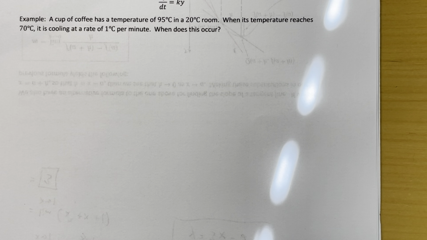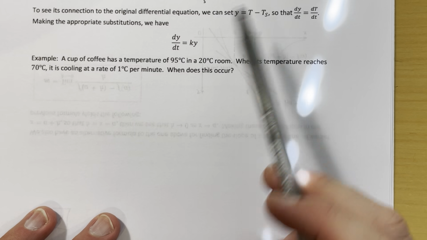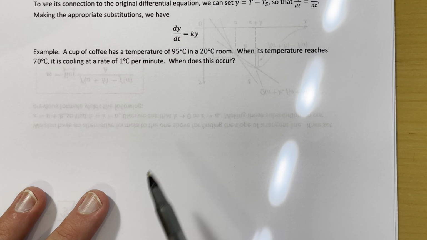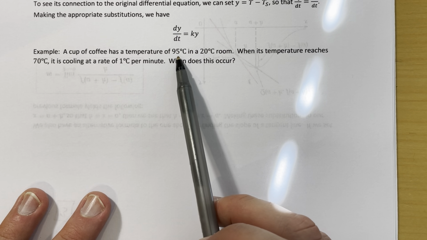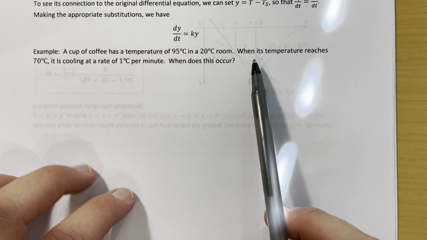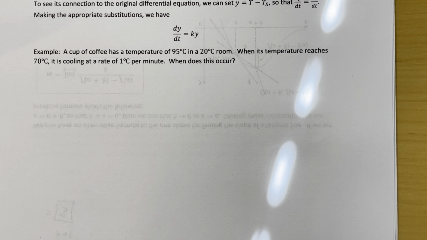When? That indicates that we're looking for a time. For this one, we're actually going to use the differential equation itself, not just the solution to that DE. We'll use that as well, but we're going to start here because the given in this problem tells us something about the rate of change in the temperature of our object. It tells us something about dT/dt.